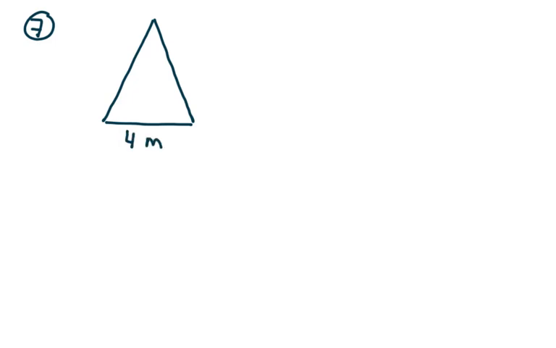Let's take a look at problem number 7. Now, we have a triangle. So the base of the triangle is 4 meters. The height of this triangle is 6 meters. Okay?